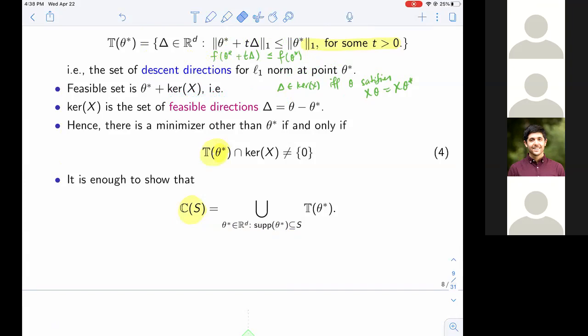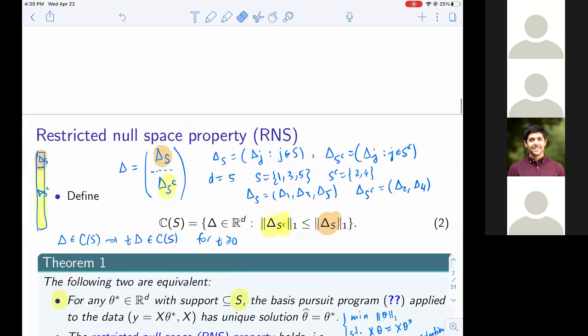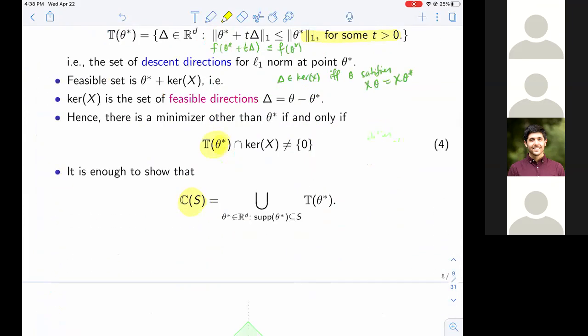Okay, so this is the set of interest, the union of these. And the whole point is that this set turns out to be exactly this set. And then the proof is complete if we can show that. So basically you can show that C_S is the union of all these tangent cones for theta star supported in S. Okay?